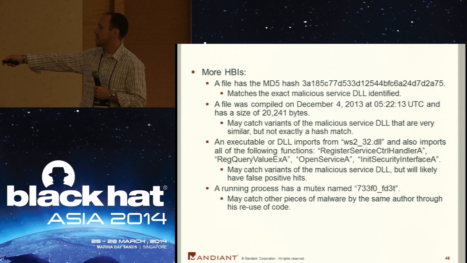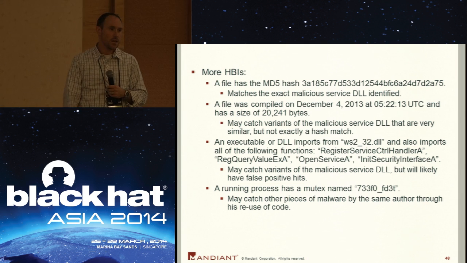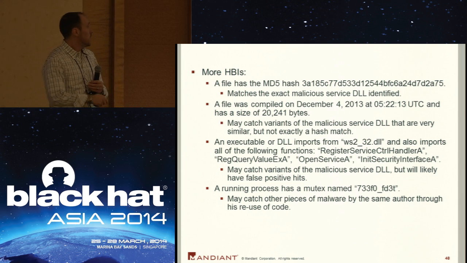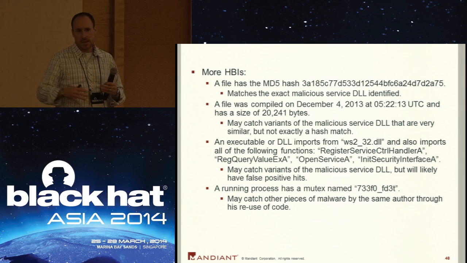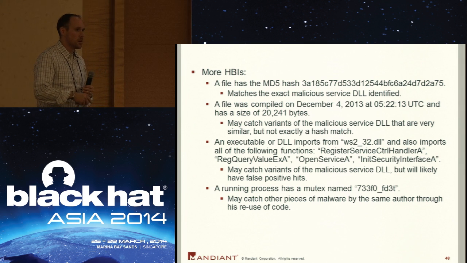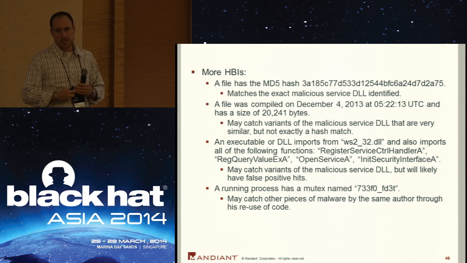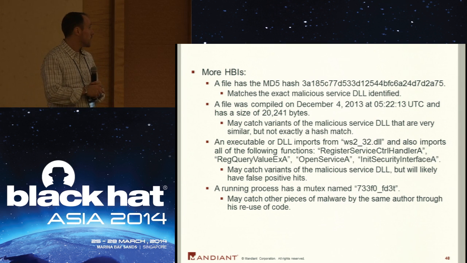File has MD5 hash that matches the exact DLL. Well, antivirus can do this. There's other ways you can do it, but most companies have antivirus mostly across their Windows environment, so you can look for that. But the problem, of course, is that if there's anything different about it, you're not going to find that DLL.